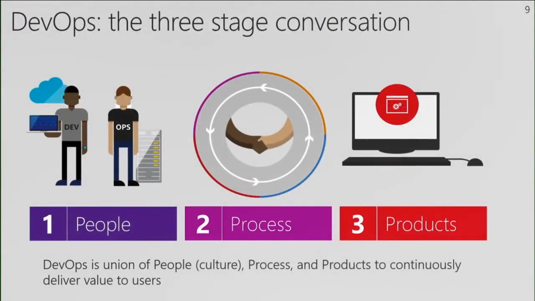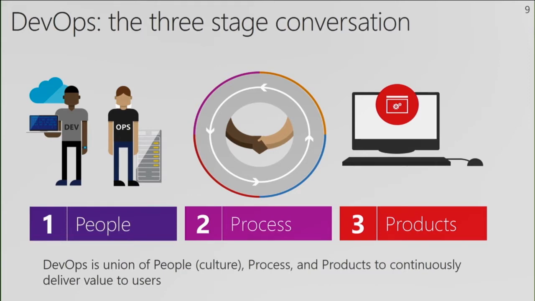So for many people DevOps might not need this kind of an overview slide, but some people in the audience may not be all too familiar with DevOps. Particularly, data scientists are kind of new to DevOps overall, I feel. And so DevOps is a three-stage conversation, right?